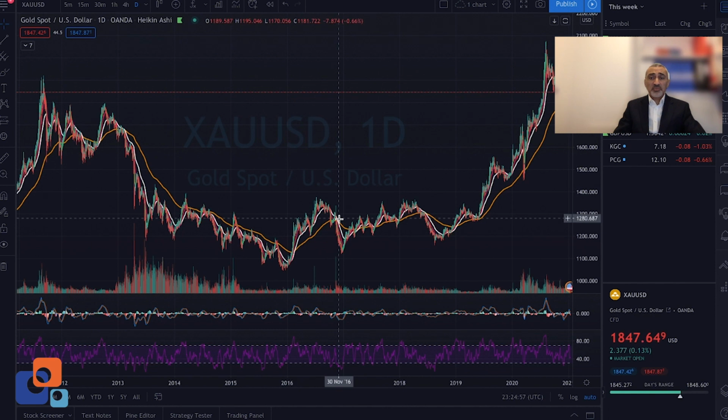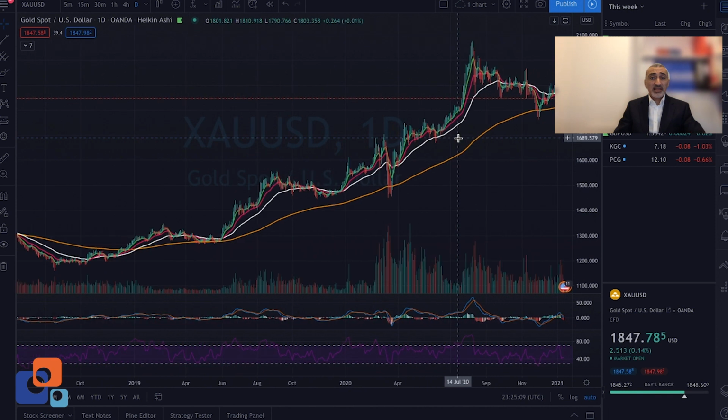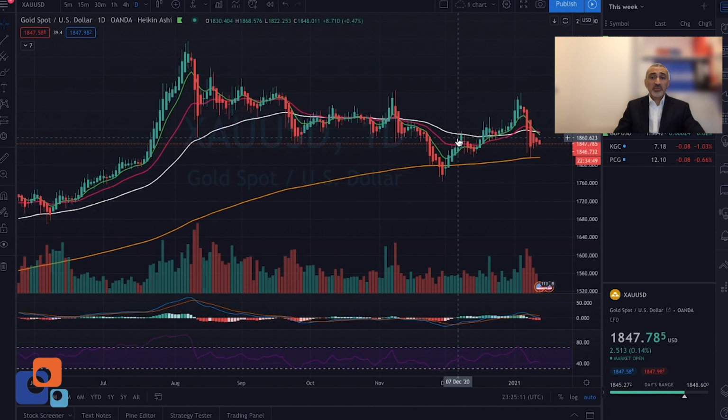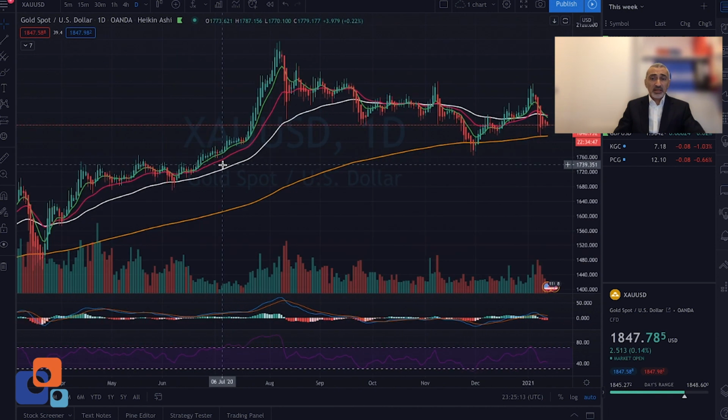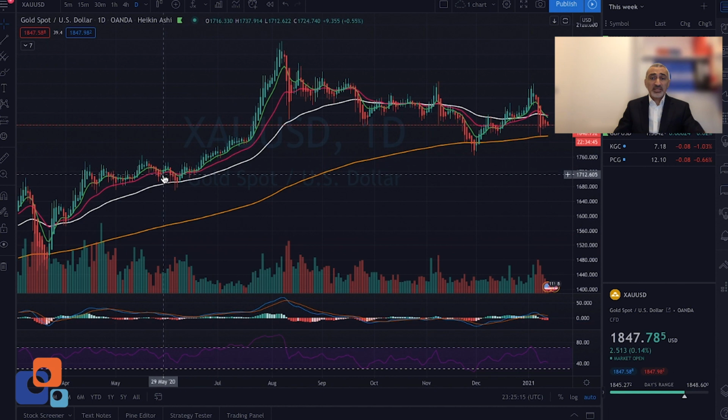So this could be something that we look for, which is the behavior of the 50 EMA relative to the 200 EMA. They are lagging, but we can still tell more or less how the price will behave. Then if we zoom in a bit, we can see the behavior of the 8 and 21 EMAs relative to the 50 EMA for shorter periods.